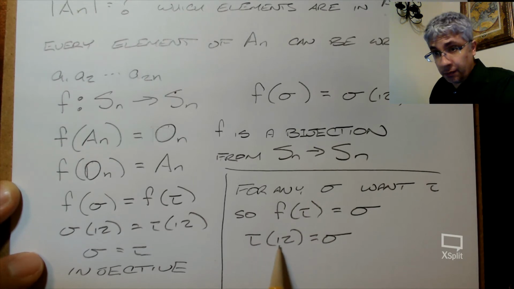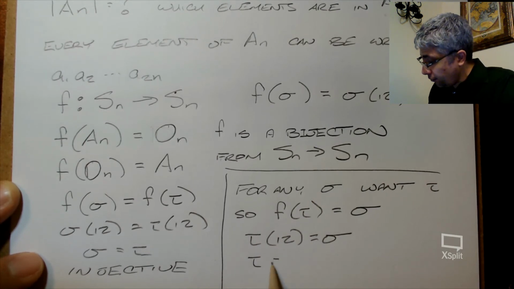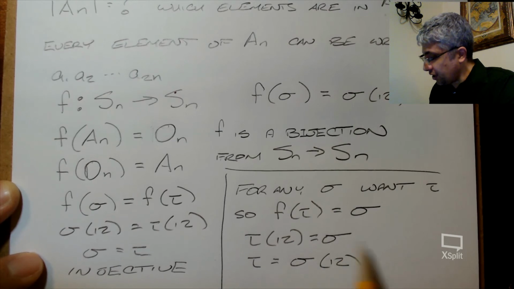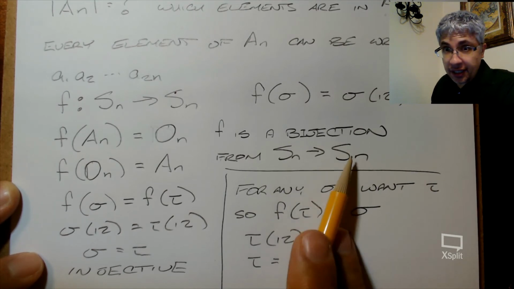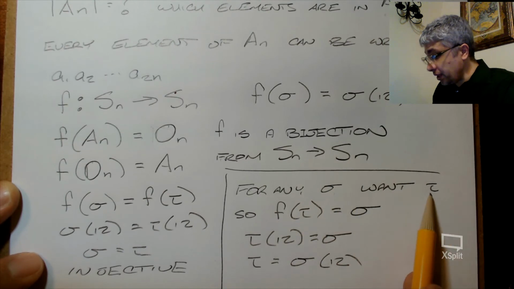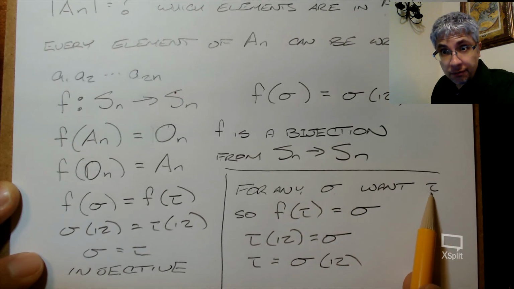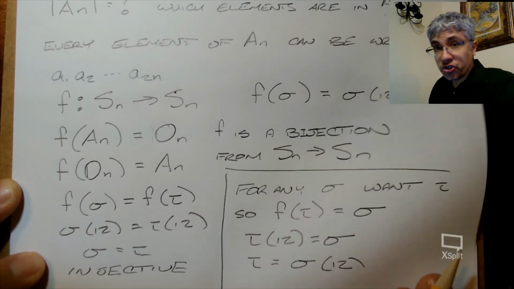So what would tau be? Well, tau would be equal to sigma (1 2). I just multiplied both sides by (1 2). So tau is going to end up hitting sigma. And for any sigma in Sn, in our permutation group, there is going to be a tau that gets sent to it. So therefore, this is surjective.